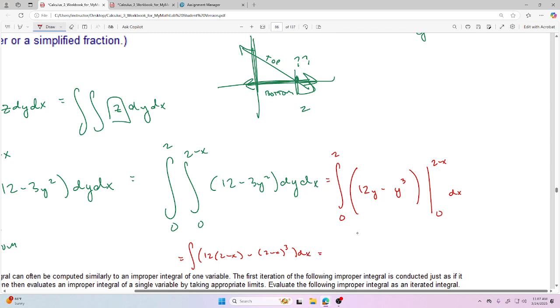Okay, the red's too much, man. I can't do the red. Let's go back to blue. When I integrate this, I actually would rather distribute first, personally. Oh, I'm already integrating. That's right. 24x minus 12x squared all over 2. We have to divide by 2 there, don't we?